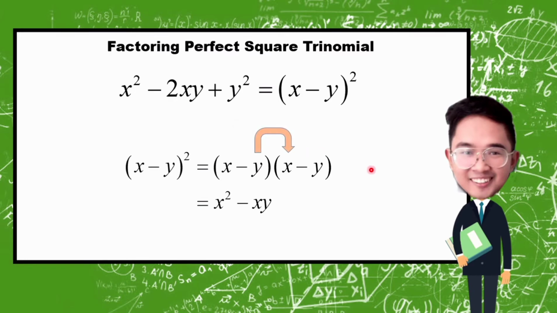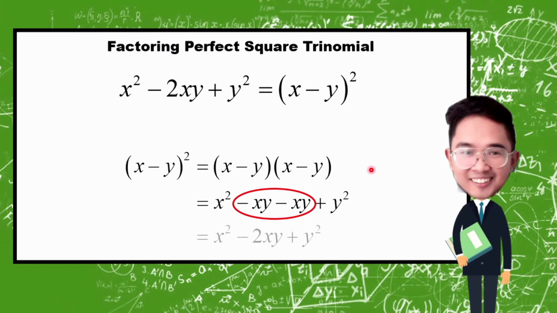Negative y multiplied by x is negative xy. And negative y multiplied by negative y is positive y squared. And then let's combine like terms, which is negative xy minus xy. And then the answer will be x squared minus 2xy plus y squared, in which this answer is the given at first. So they are inverse to each other.